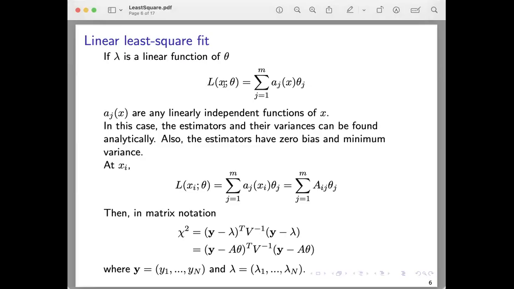The aj(x) are not necessarily linear functions of x, but they are linearly independent. That means you cannot write one aj as a linear sum of the other ai's. They are linearly independent, but they don't have to be linear in x.